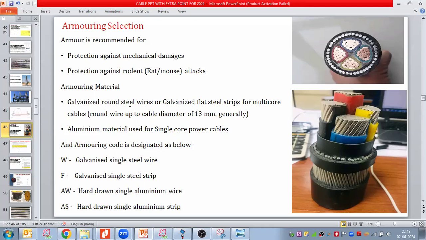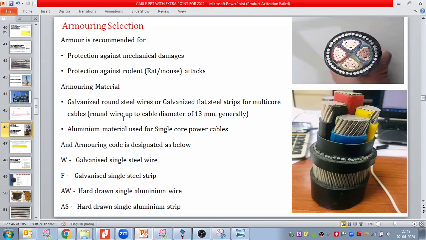Round wire is used up to a cable diameter of 13 millimeter. Generally, if from here to here my internal diameter is 13 millimeter, in that cable we will go with the galvanized round steel wire.